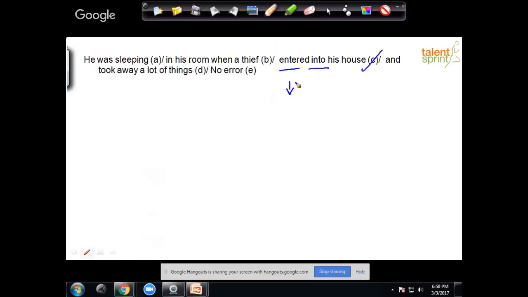That's the meaning, correct? So having said that, I don't need that into. It's very redundant in meaning. It's unnecessary. It's superfluous. So I will remove that. Entered itself means to go or come into some place. So this into is unnecessary. Error in part C.